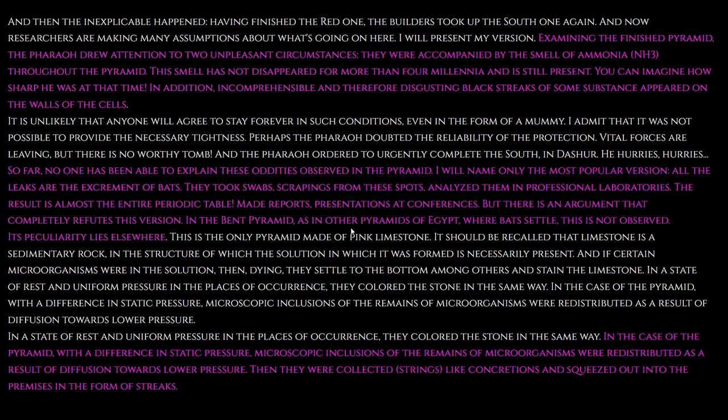This is not geological microscopic inclusions squeezing out of the stone. This is something much more than that, ladies and gentlemen, and the stains in the red pyramid are a direct result of the chemical reactions that were occurring inside of that structure.